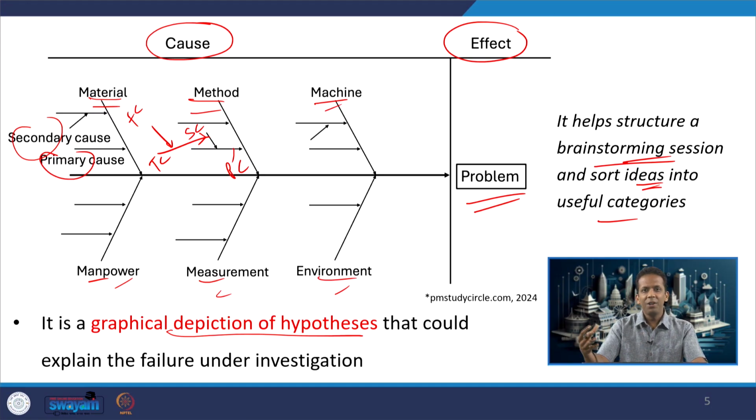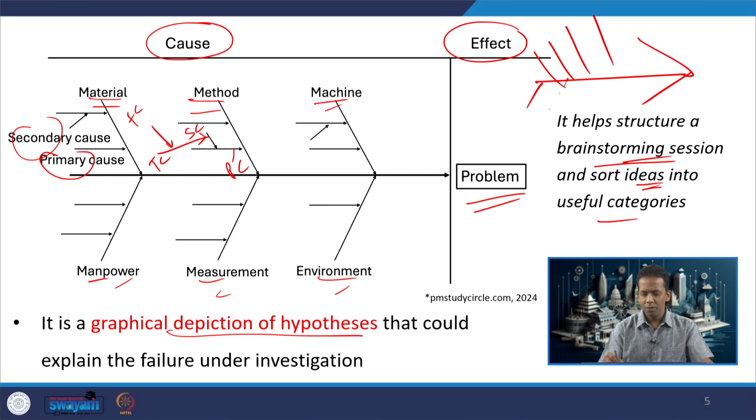When you ask a team full of people, there would be n number of causes being listed down, hundreds of causes, but then it will be very difficult to understand and bifurcate them. It becomes smoother to understand if we could categorize them under different categories.